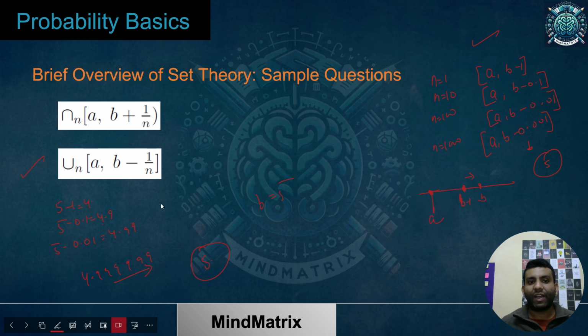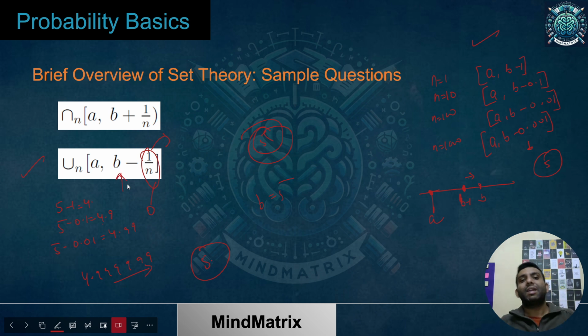Because to reach 5, this number must be 0. But if I say n is an integer, and we are going till last, so this will never be 0. This will be close to 0, but never 0. So we will never be reaching a point of 5. That means b will never become part of the set.